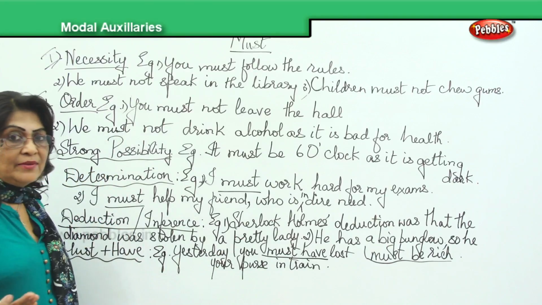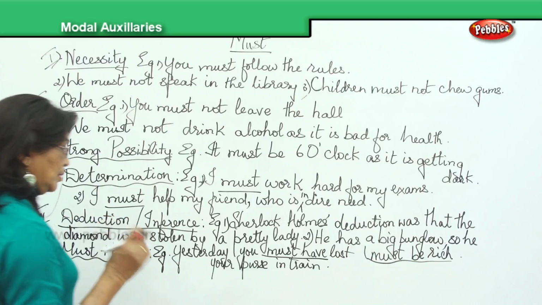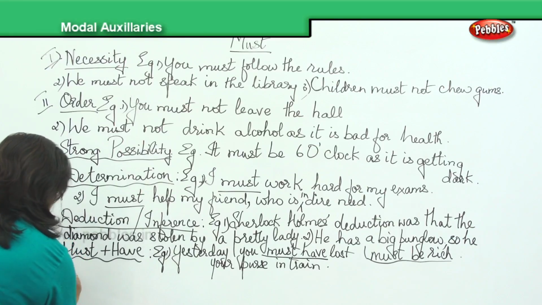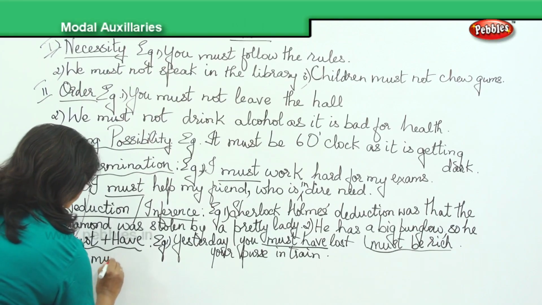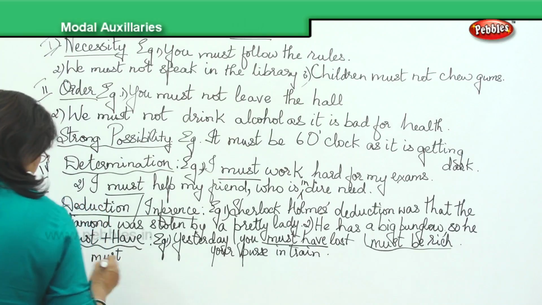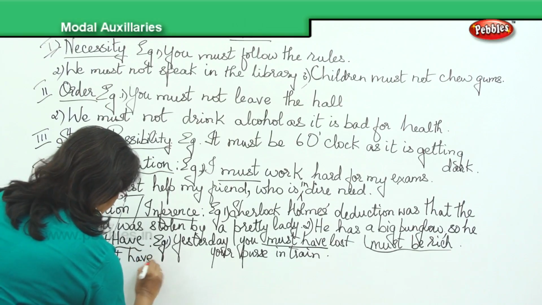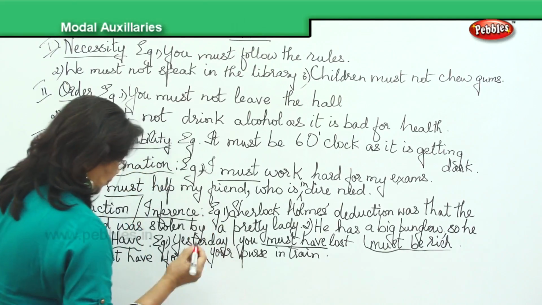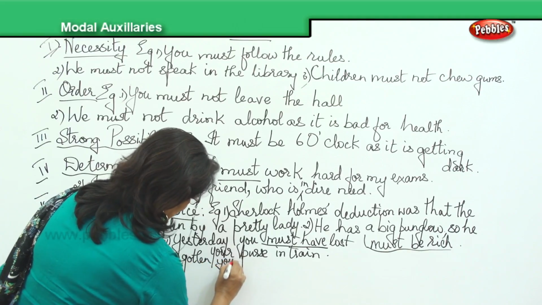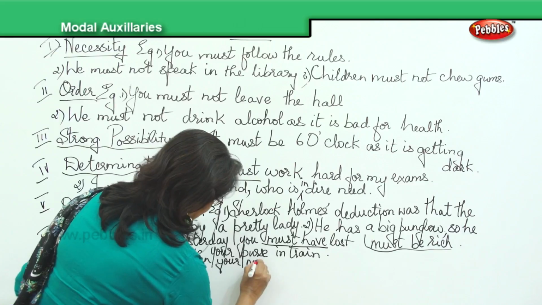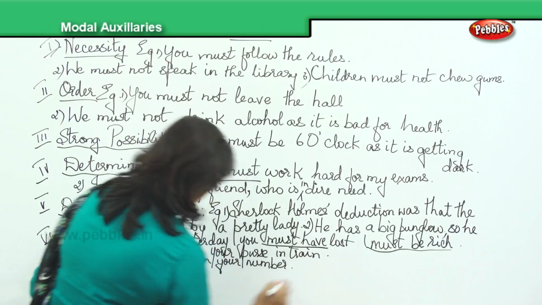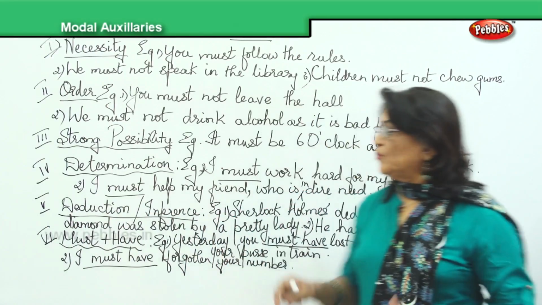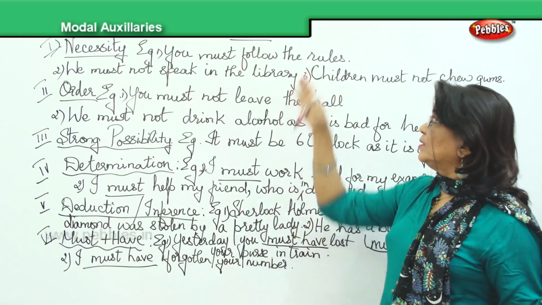You must plus have is another rule. One more rule I'll give you. I must have, this is 1, this is 2. I must have forgotten your address or your number. Must plus have. Okay, I am sure you've got enough rules to follow for this must.